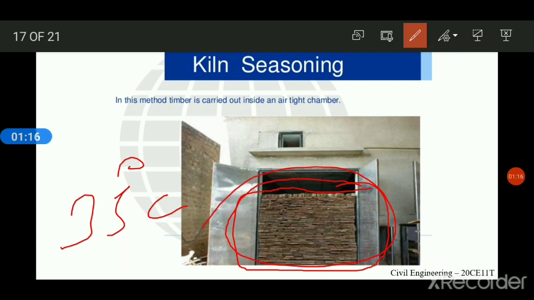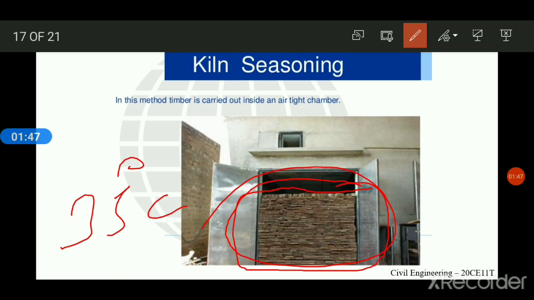It is allowed to circulate around the timber pieces, and evaporation from the surface of the timber pieces is prevented because of the high humidity of the air.